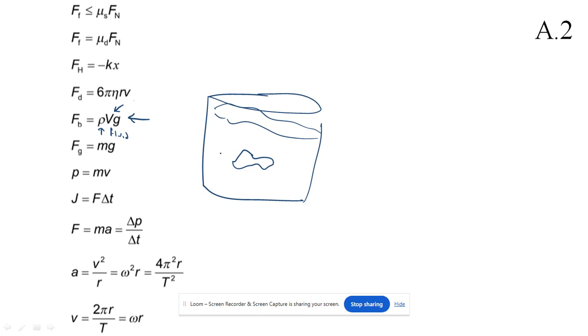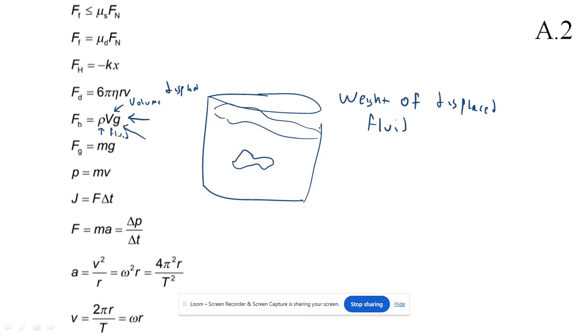So if it's entirely submerged, that would be the same as the volume of the object, right? Volume displaced. And then g, right? And what it ends up being is it's the weight of the displaced water. Sorry, displaced fluid. Water, fluid, okay?